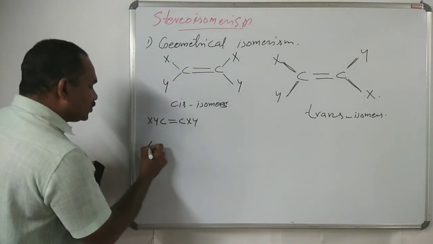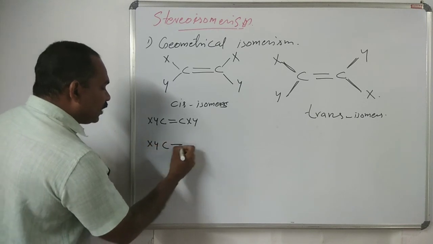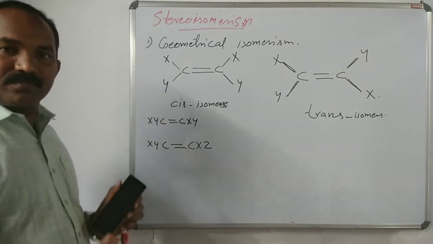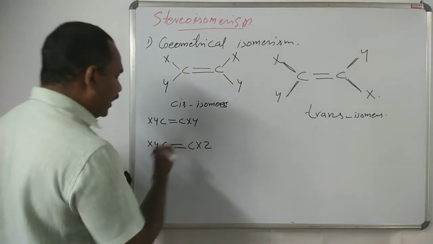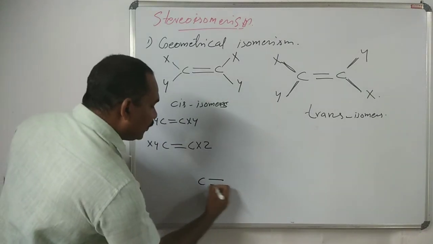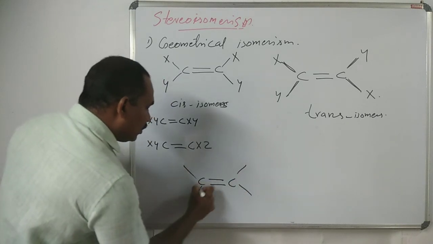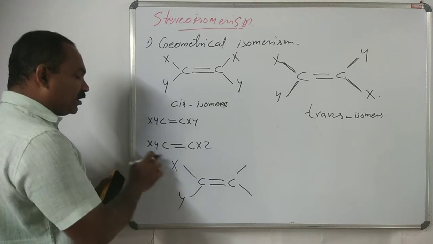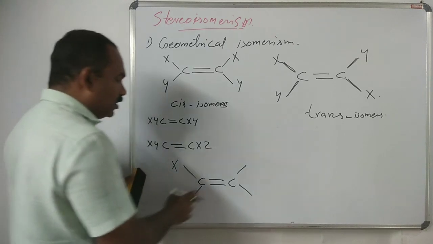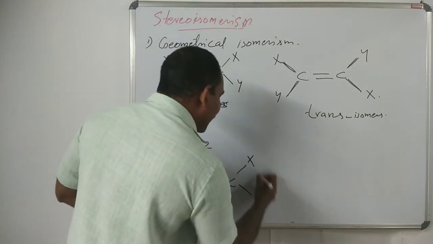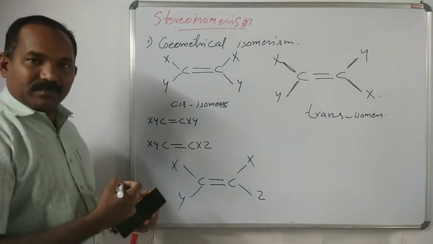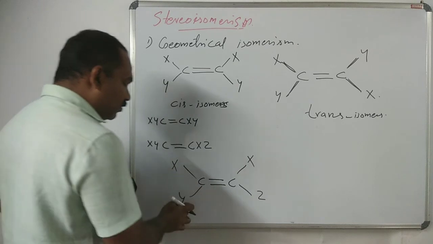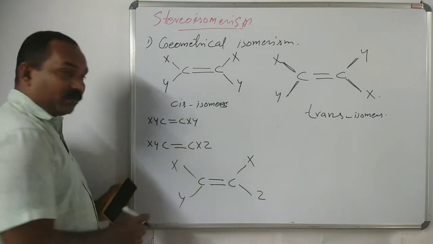Another formula is possible, XYC double bond CXZ. In the first carbon atom, X and Y groups or atoms. In the second carbon atom, X and Z. X is the same, Y and Z are different, no problem.